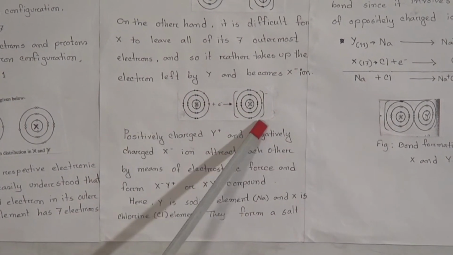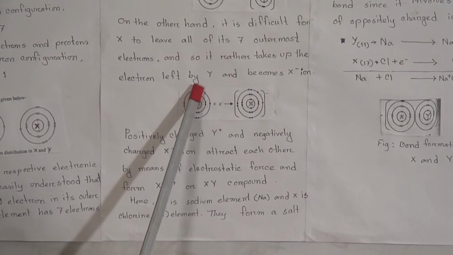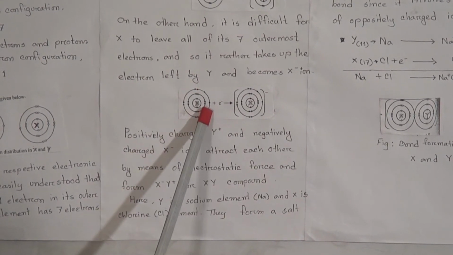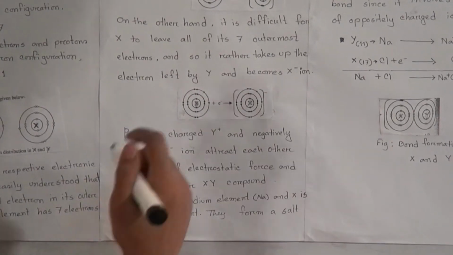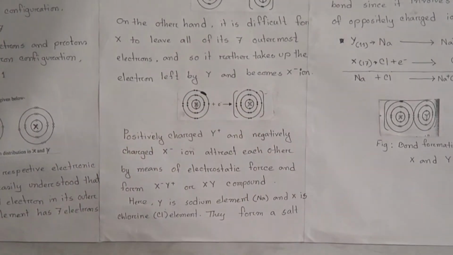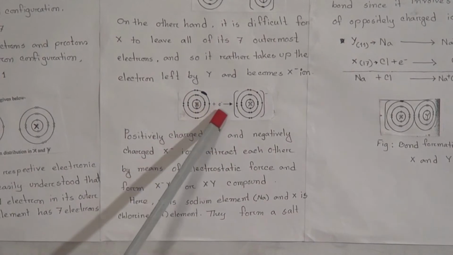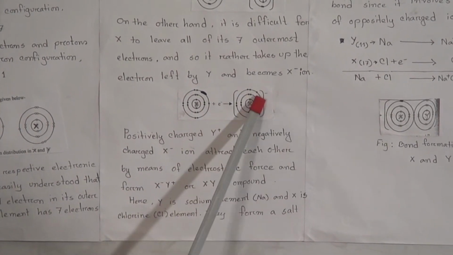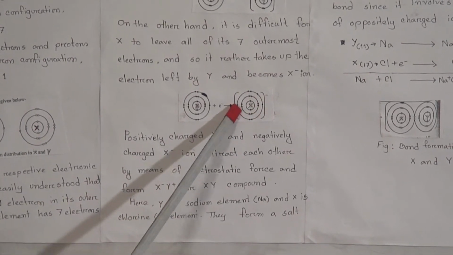And you have to draw this figure. Look, it has 7 electrons in its outermost layer, and it gets 1 electron and it becomes an anion of the X element.